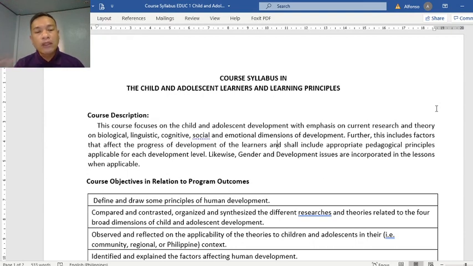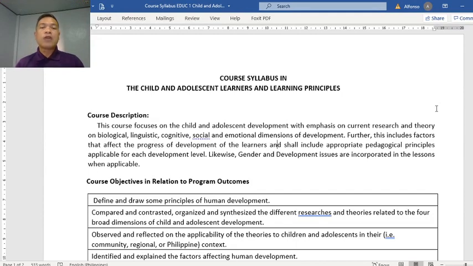In fact, all the professional education subjects in the curriculum are intricately interwoven, or interconnected with one another, because the discussion in one subject can be integrated into another subject because they are all, in a way, related to one another. The only difference, I think, is the focus of the discussions.